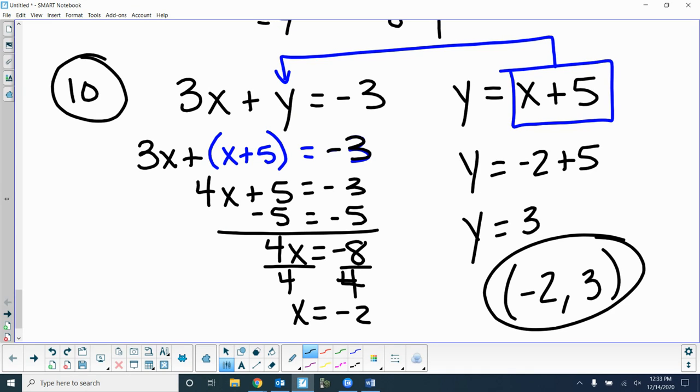What do you do? Plug it in, put those in your calculator, not the X's.